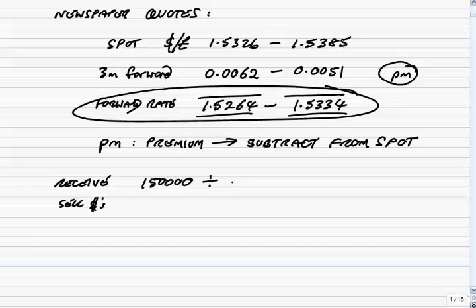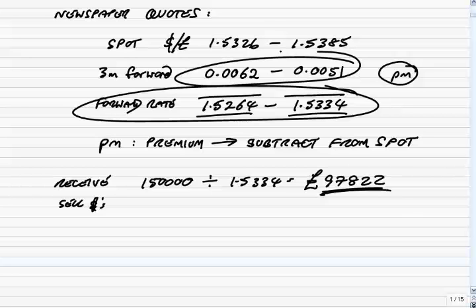The dollar sell rate, 1.5334, converts to $97822. So the arithmetic's not really any harder, it is only terminology.